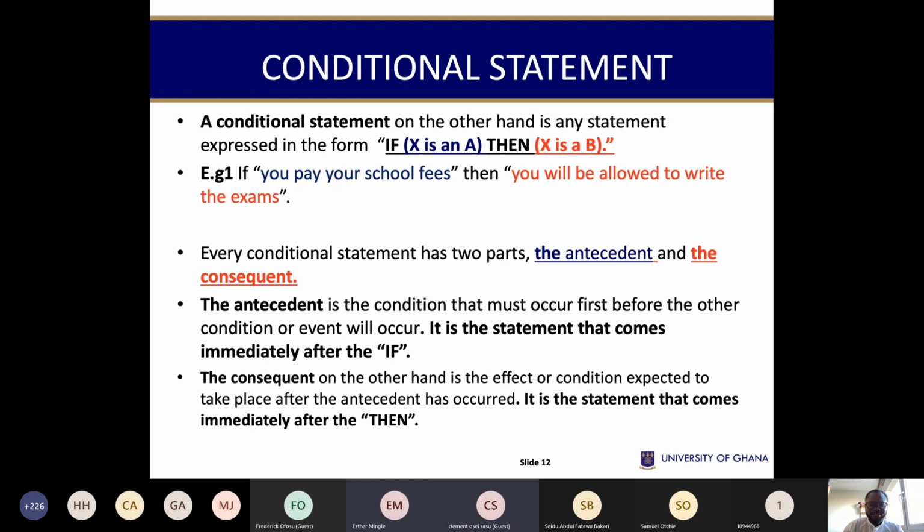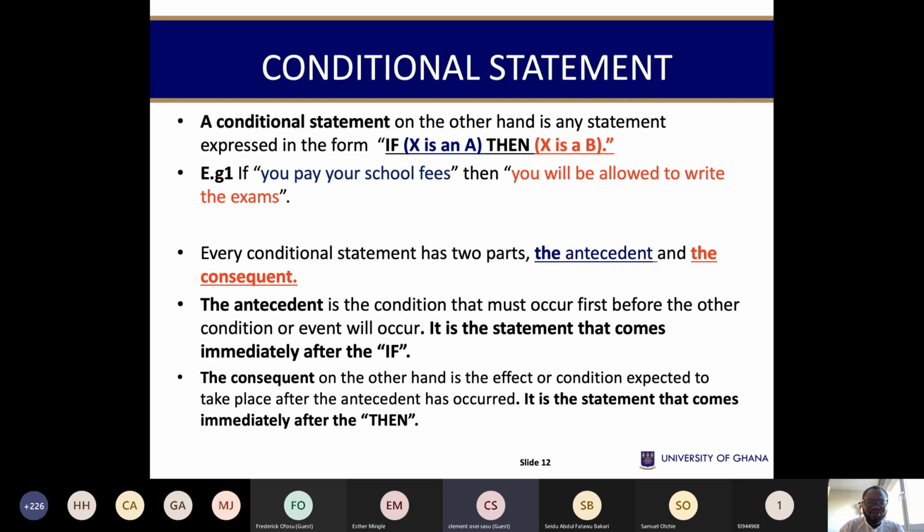So conditional statements are written in the form if and then. If and then. Let's look at example 1. If you pay your school fees, then you'll be allowed to write the exams.